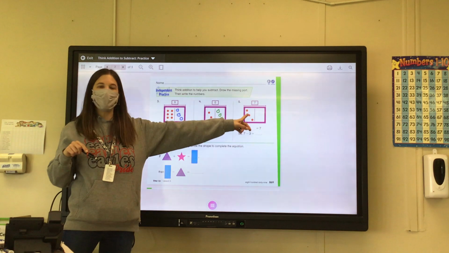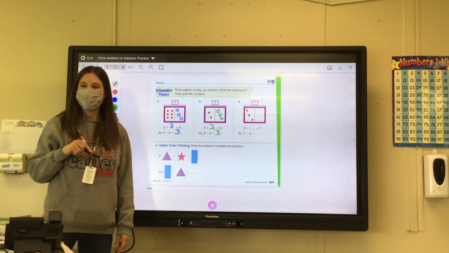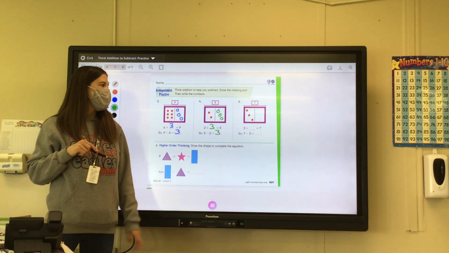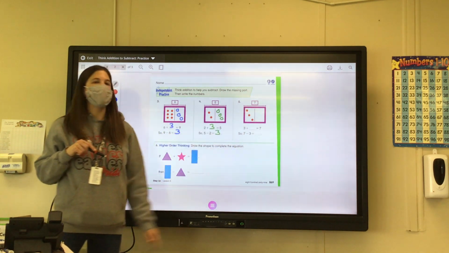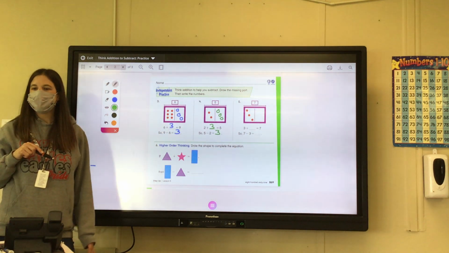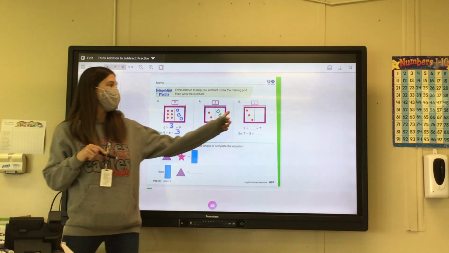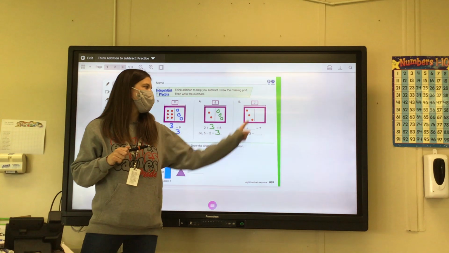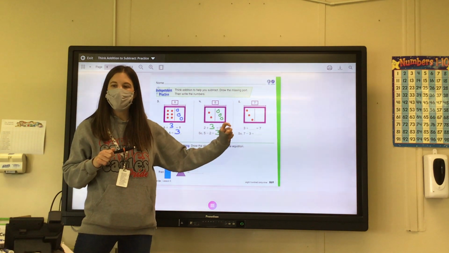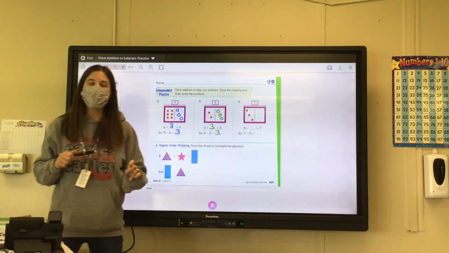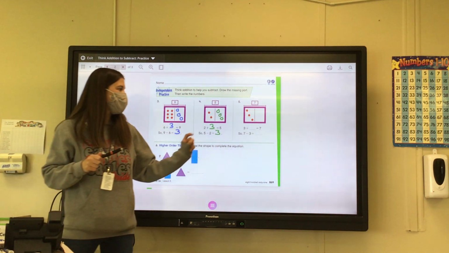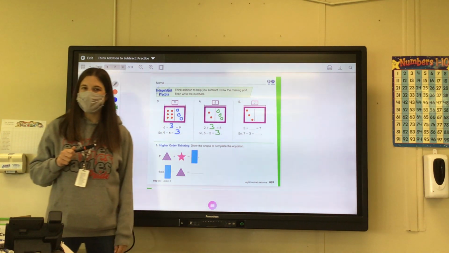While you're waiting, see if you could do number 5 on your own. See if you could figure out 3 plus what equals 7. Draw in your counters. Write your number on the line. And then figure out the subtraction equation.